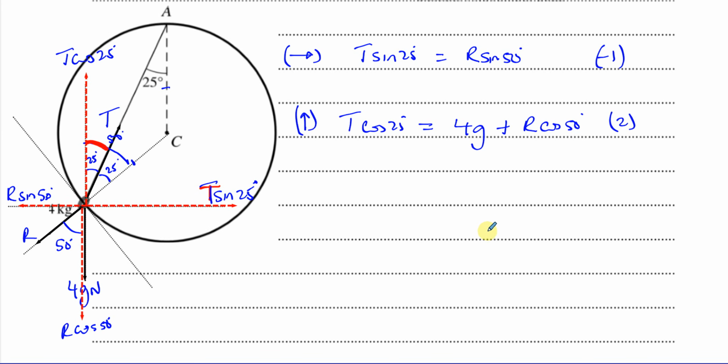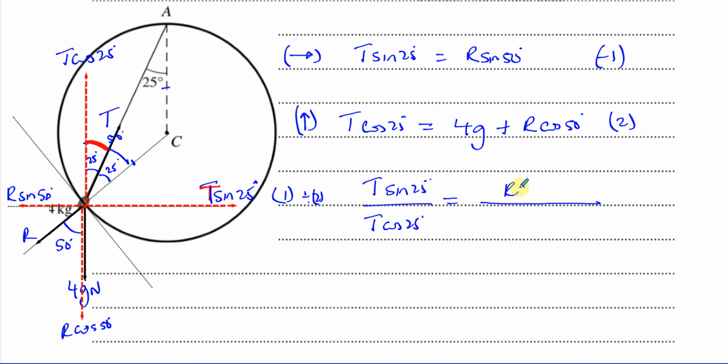Now, there's a way that I can see that will make it slightly easier for us to solve this simultaneously, and that's if I take equation 1 and divide by equation 2, the T's will be eliminated directly, all right, because if I do T sine 25 over T cosine 25, the T's will be eliminated. So I do the same to the other side.